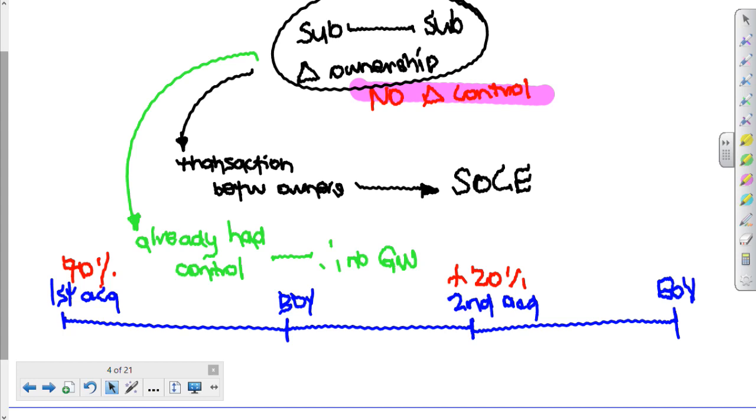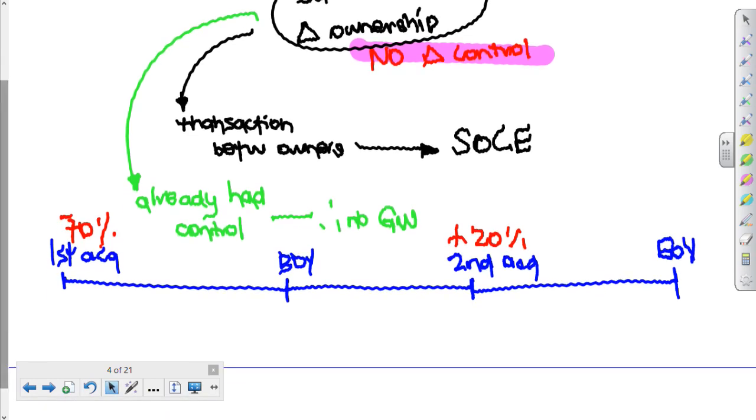So if I look at what this means, if I have a sub that stays a sub, what it means is that when I'm looking at retained earnings here, for this period up to the beginning of the year, I'll have 70% of retained earnings.